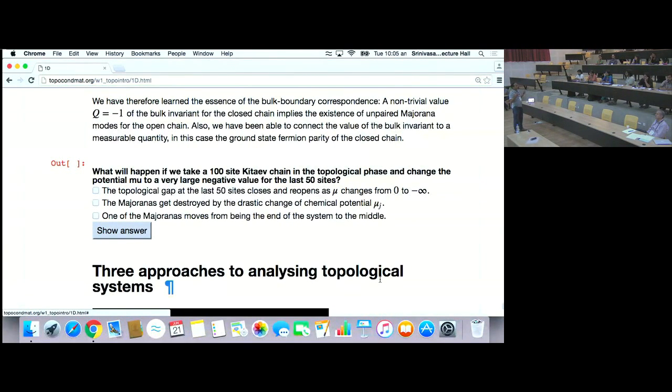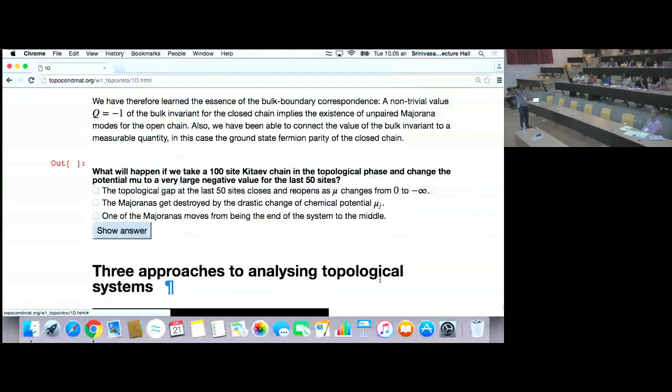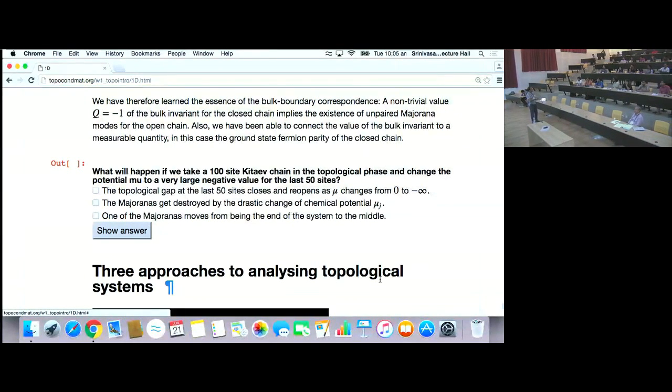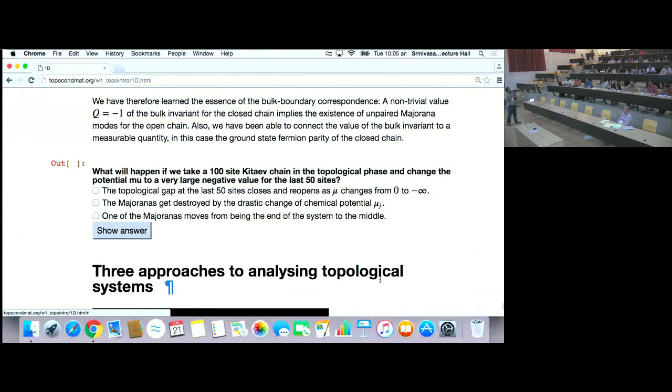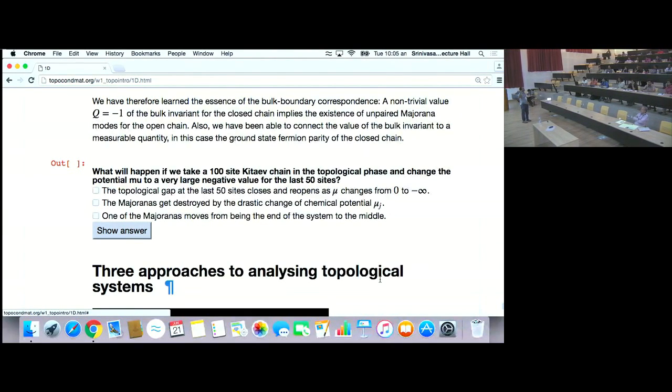And from that topological invariant, from this bulk-edge correspondence, this putting on a ring kind of argument, you can show that only when the topological invariant is -1 do there have to be Majorana modes or 0 modes at the ends. And these 0 modes are protected by the symmetry as long as you're in the topological phase. You have to change your Hamiltonian by a finite amount to get out of the topological phase.